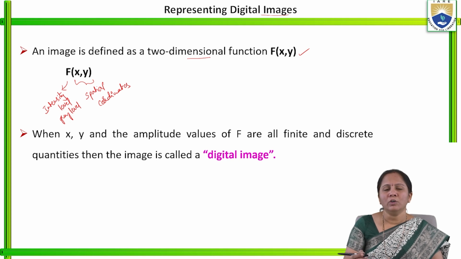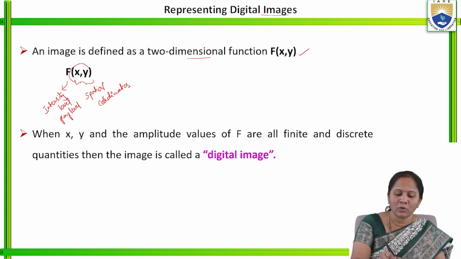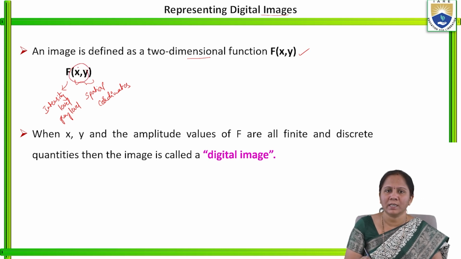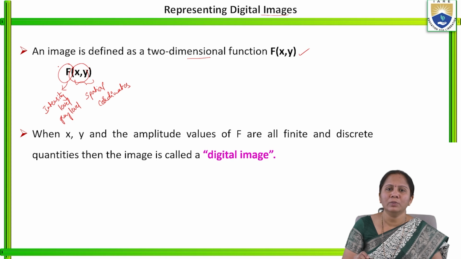Now, in order to concentrate on spatial resolution and gray level resolution: for spatial resolution, we have to concentrate on the two coordinates x and y. In order to perform gray level resolution, we have to concentrate on one value, that is f, the intensity value.